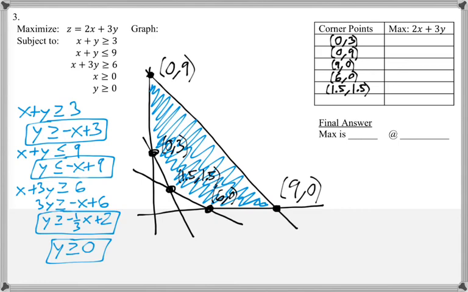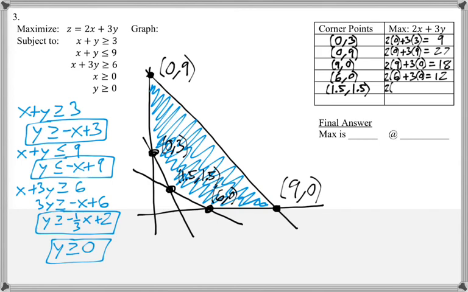So we need to plug these into the objective function. So 2 times 0 plus 3 times 3, this is 9. 2 times 0 plus 3 times 9 is 27. 2 times 9 plus 3 times 0 is 18. 2 times 6 plus 3 times 0 is 12.